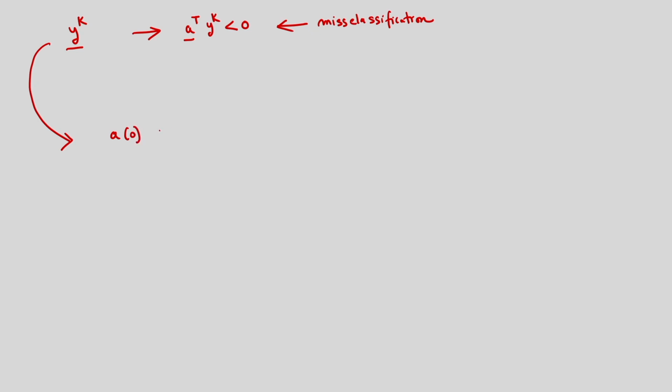A0 we have to select arbitrarily, and ak plus 1 we can determine, that is ak plus eta yk.